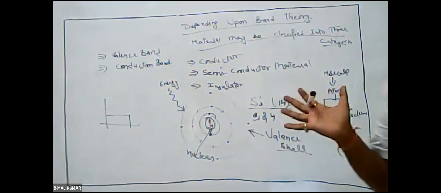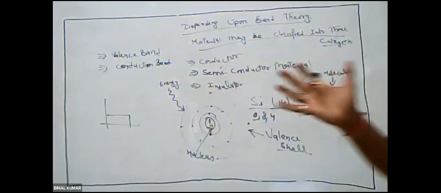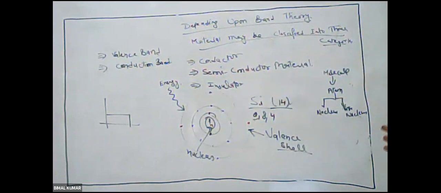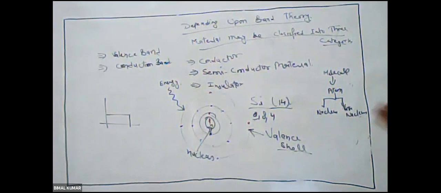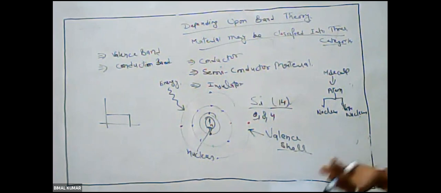That type of atoms or material is known as a conductor. In that particular case, generally in the last orbit there are 1 or 2 electrons present.